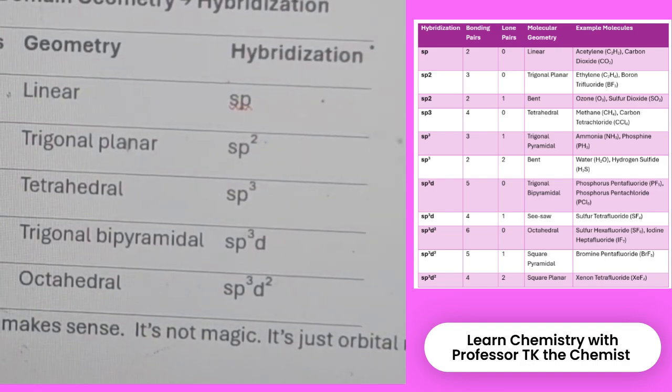This kind of resembles electronic configurations to a certain extent, okay? sp, sp2, sp3, sp3d, sp3d2. Y'all, it's just 5 of these that you have to remember, okay? Just 5.